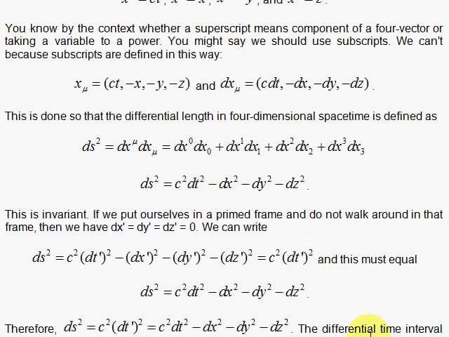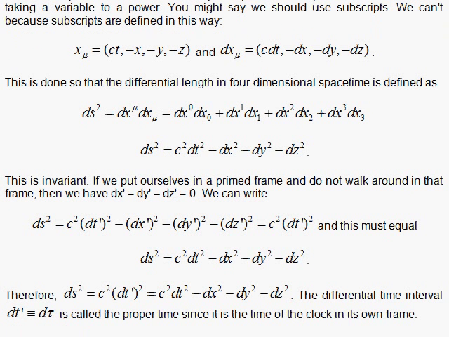Now, when I do that, then in that particular frame that had no, let's say, deltas in x, y, and z, all of the ds squared is in the time. When that happens, we call that special dt prime, we call it d tau. That's called the proper time. That would be the time of a clock that's at rest, which we looked at earlier.